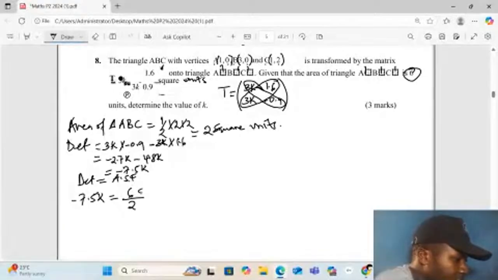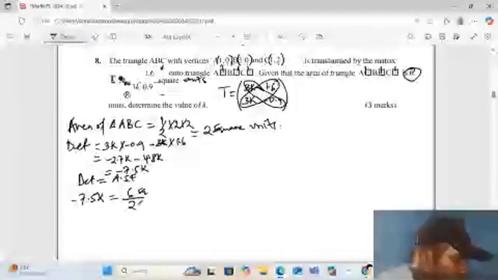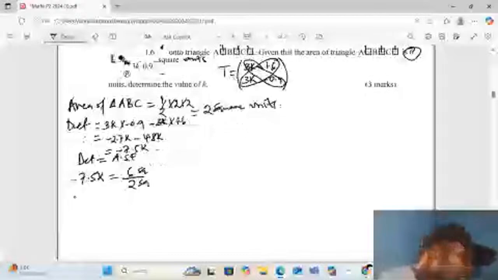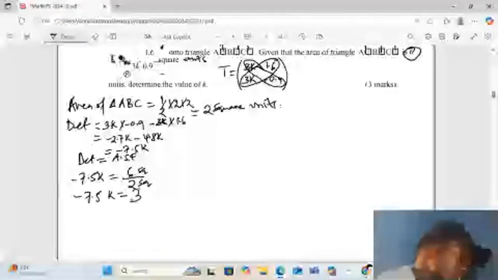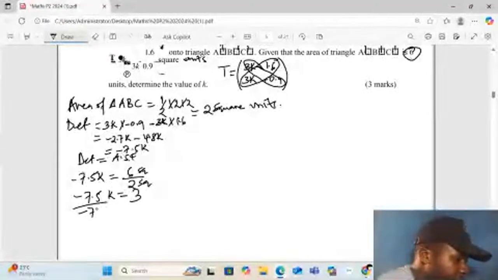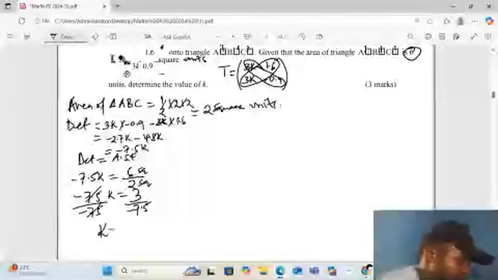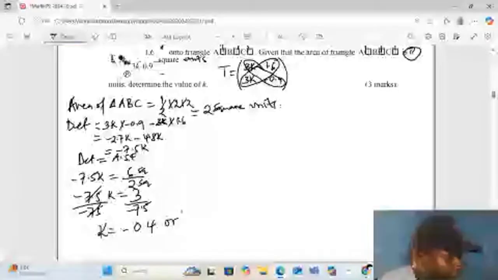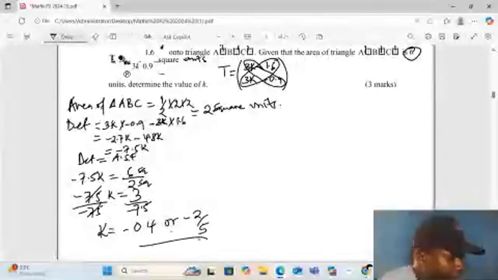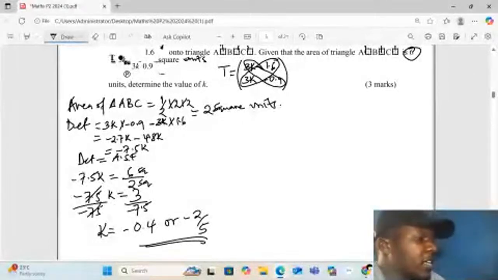So negative 7.5k is equal to 6 divided by 2, which is 3. Divide both sides by negative 7.5, so k is equal to negative 0.4, or in fractions negative 2 over 5. So that is how you find the value of k.